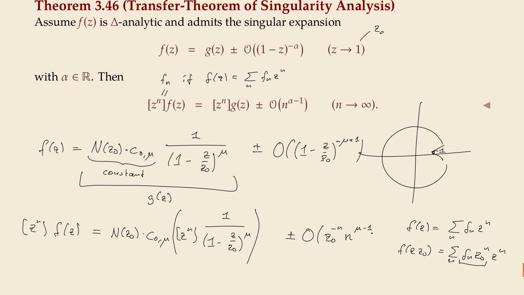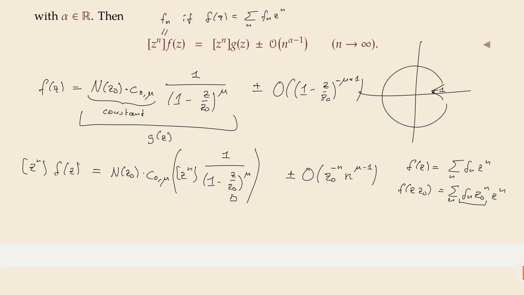To the mu minus 1. And the last step is to compute this coefficient. This is actually something you can look up. It's simply given by a binomial coefficient.